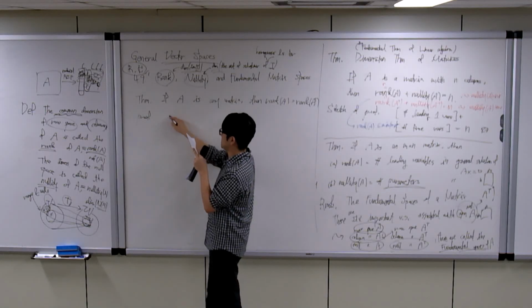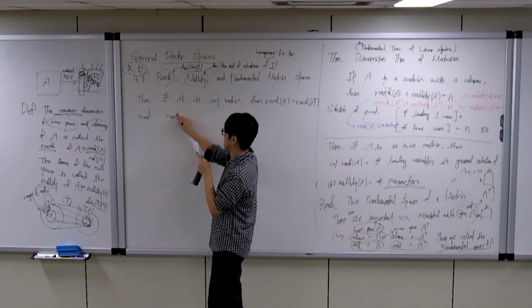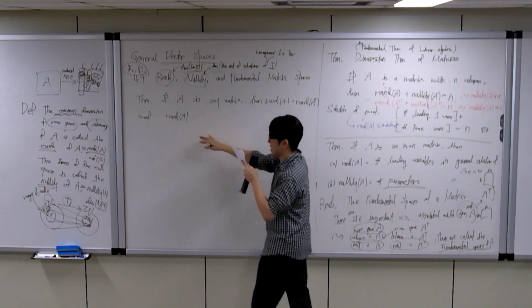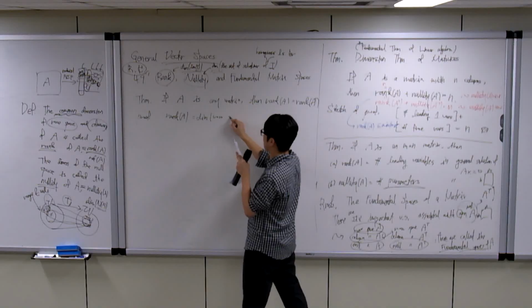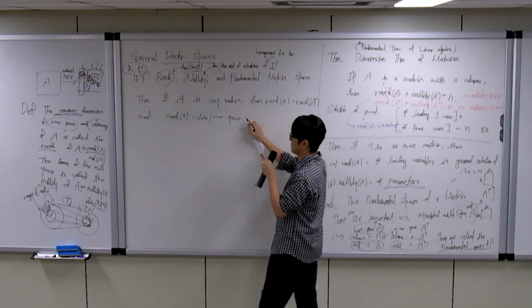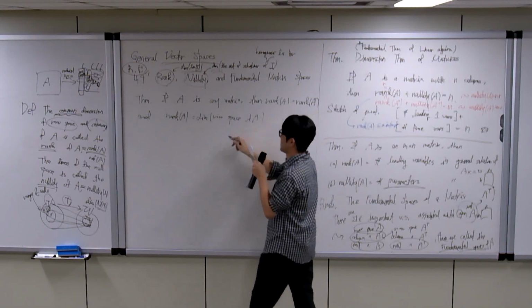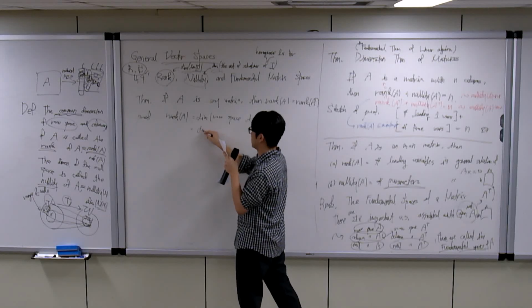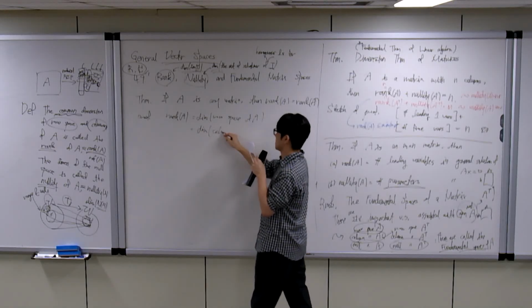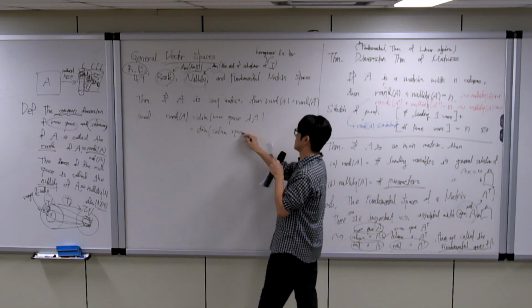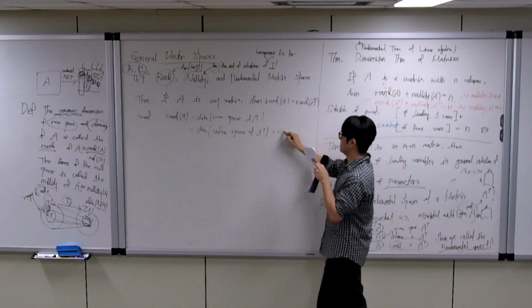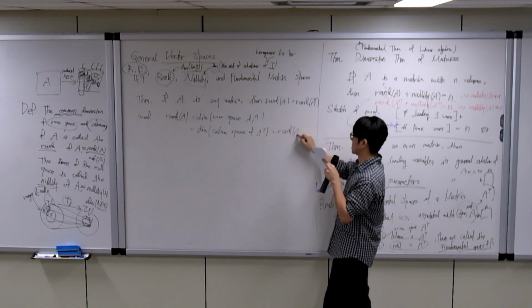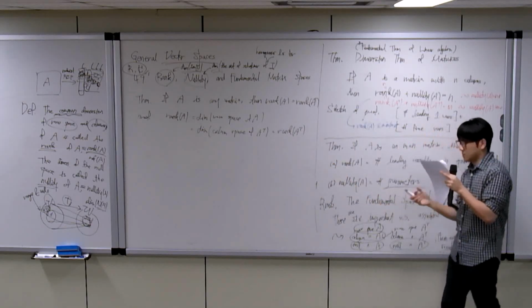It is simple because the meaning of rank A is the dimension of the row space of A, and it is the same as the column space of A transpose, and that is the rank of A transpose.